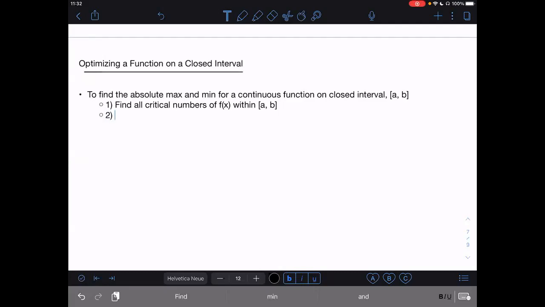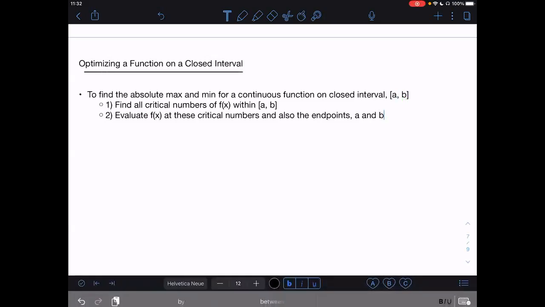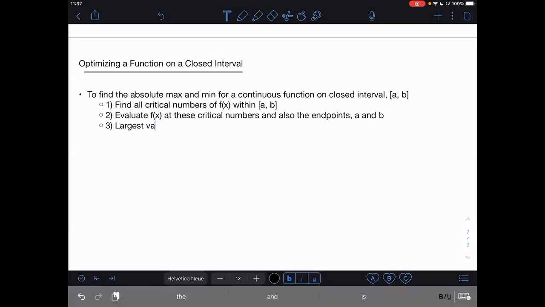All we do after we find these critical numbers is evaluate our original function of x, not f prime, at these critical numbers and also the endpoints A and B. Then the largest and smallest values of our function from step two will be the absolute max and min respectively.